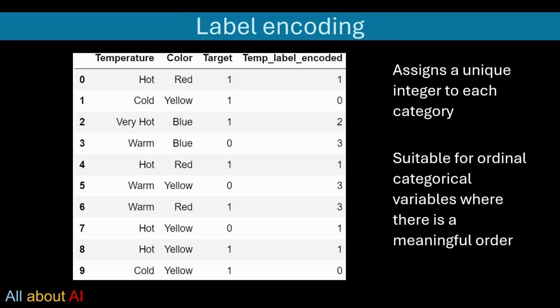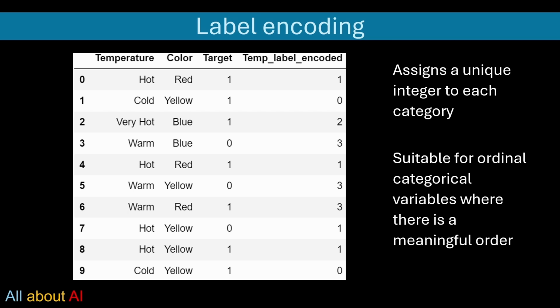Next, we'll look at label encoding. In label encoding, it assigns a unique integer to each category. It's more suitable for ordinal categorical variables. And as we have seen, when there is a meaningful order, we can use this label encoding. So in this case, hot, cold, very hot, warm, there is a gradual sequence and order.